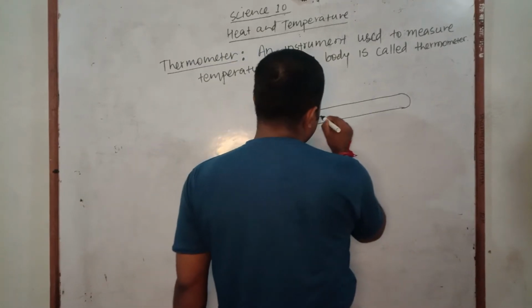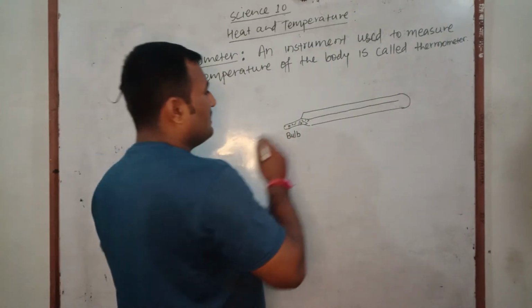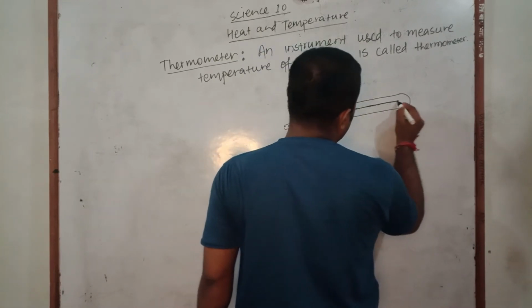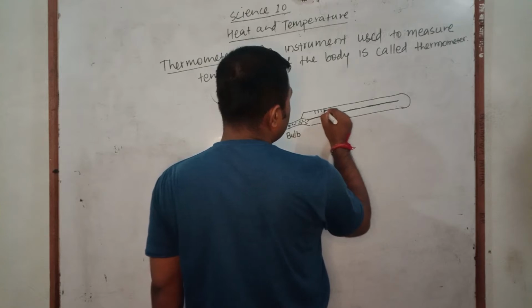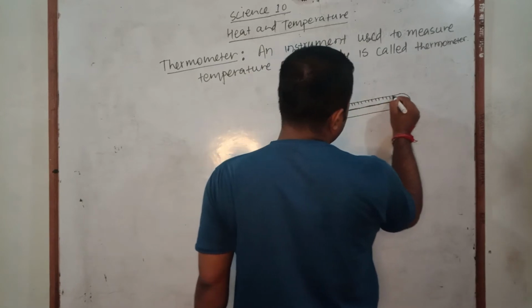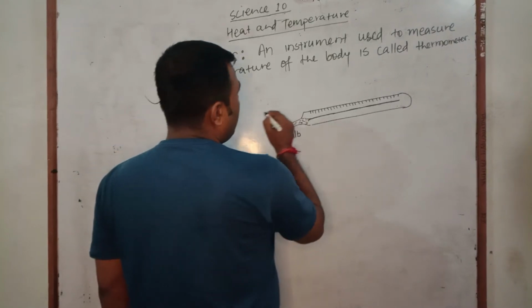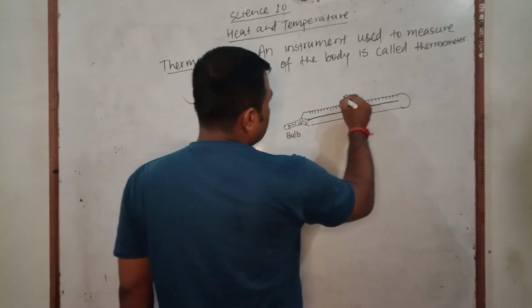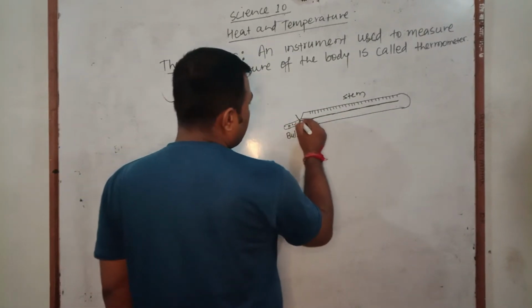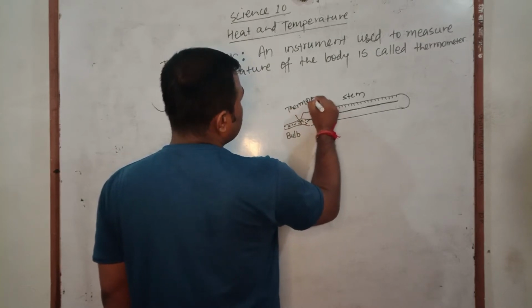After that, a fine capillary runs inside the glass tube, through which the liquid present inside the thermometer can flow easily, and it contains graduation on its stem. The graduation differs in different types of thermometer. The stem and bulb are the two main components, and the third substance present inside the thermometer is the thermometric liquid.